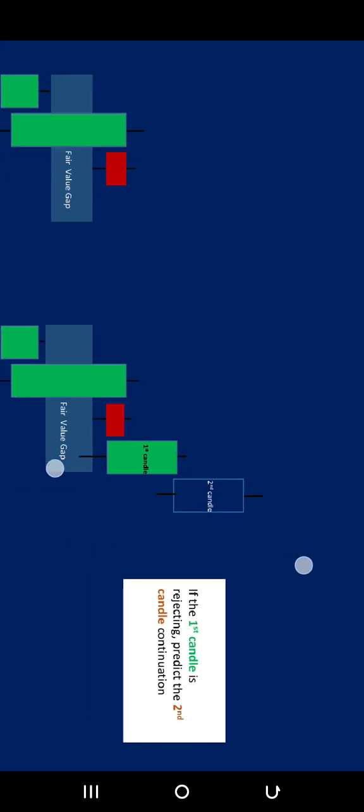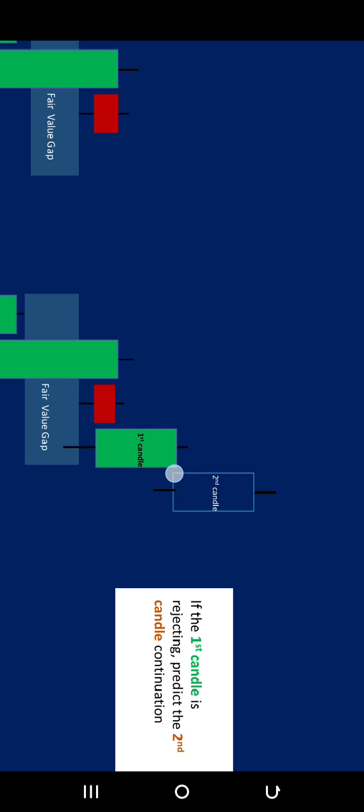Okay, now let's continue. What would have happened is that after you have entered here, if the first candle is rejecting, which is this one, predict the second candle continuation. This is a candle that is assumed to be formed later on. This is an invisible candle. As you have entered here, it is expected that the next candle that will form is going to be a continuation candle.